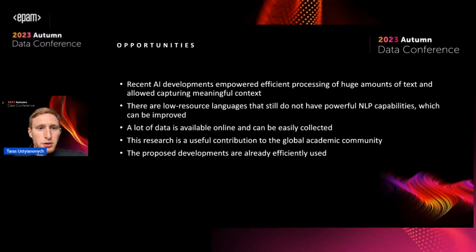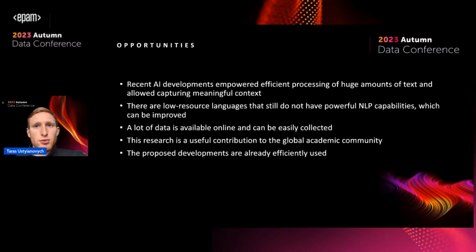So what opportunities specifically did we see? First of all, it's the rise of AI, of machine learning, capable of processing huge amounts of text. Next thing is we were dealing and we are dealing with low resource languages like Slovak, for instance. And as you know, there are not so many transformers or even vocabularies that could deal well with these languages.